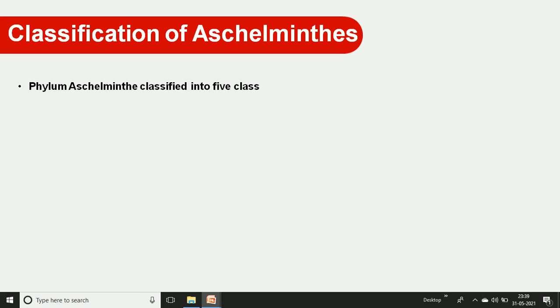Basically this phylum Aschelminthes is divided into 5 classes. Which are they? Rotifera, Gastrotricha, Kinorhyncha, Nematoda, then Nematomorpha. These are the 5 classes found in the phylum Aschelminthes.